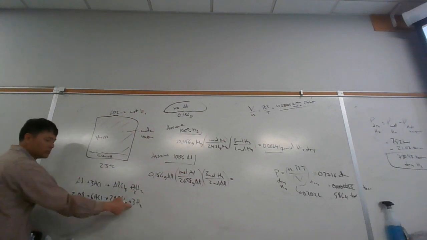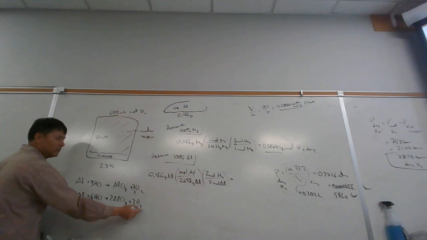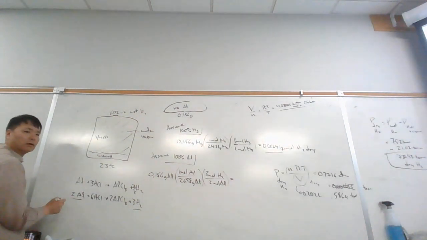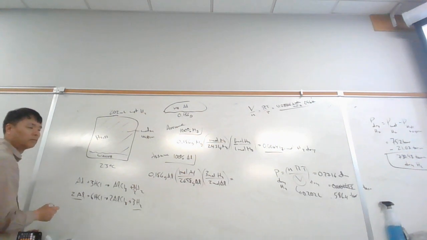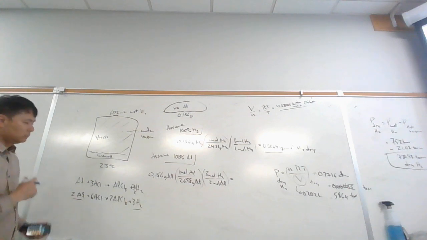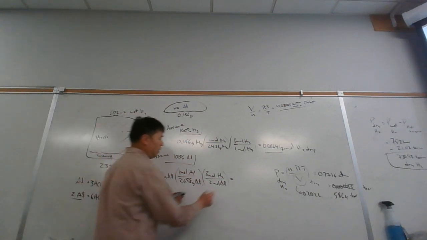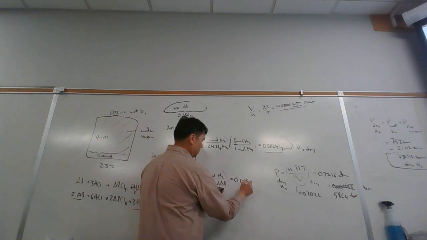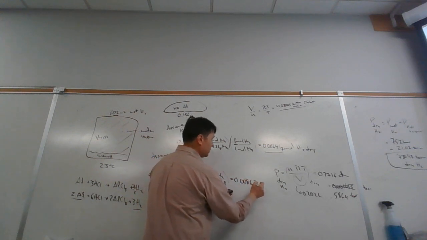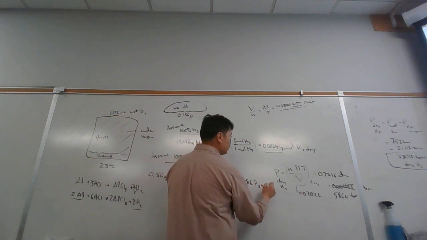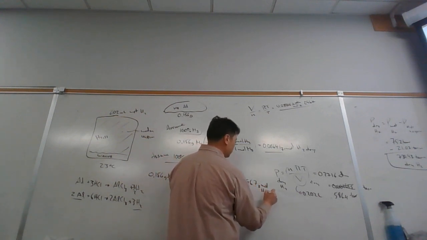That gives me 6 hydrogen, 6 hydrogen. So I have a 3 to 2 ratio. Can you check yours? Let me check this. Did somebody else get that? Yeah, mine's wrong. Okay, so we have moles of dry hydrogen here.